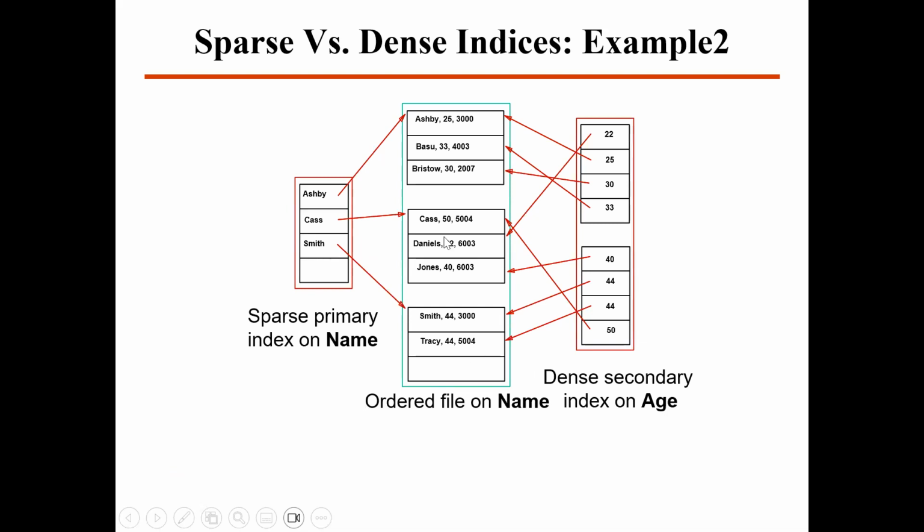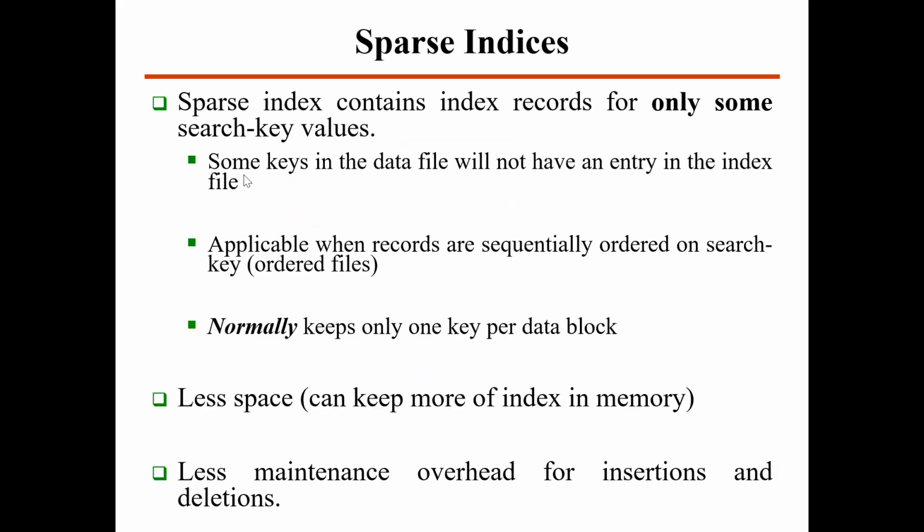Just now we saw here that the names were sorted. That's why we made a sparse primary index. The sparse indexes are also called sparse indices; the plural of index is also indices. So when you are trying to make a sparse index, you have to make sure that the data file is arranged in a sorted way, so that we make the blocks and each block is connected with the sparse index entries.